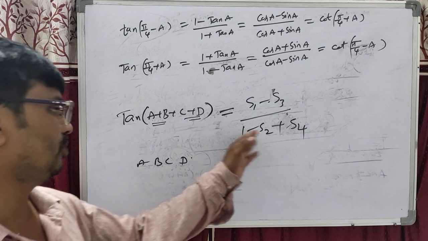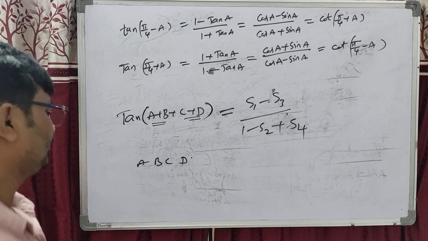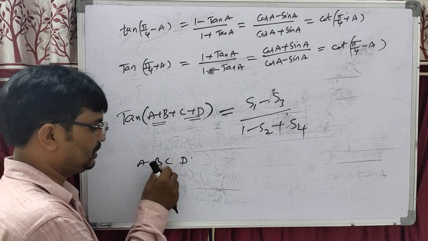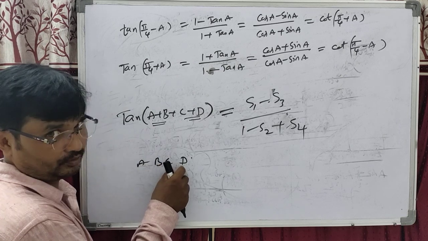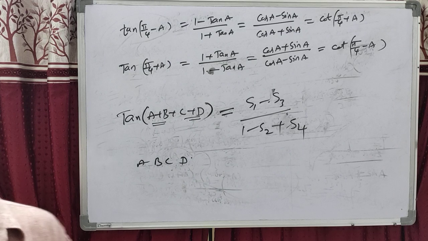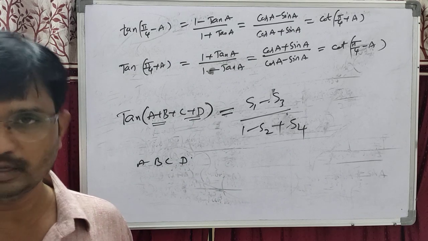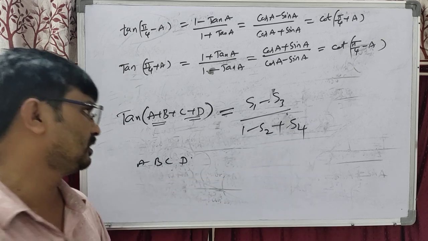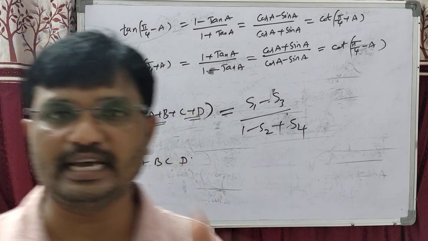Dear students, in 1 minus S2, S2 is the sum of products taken 2 at a time: AB, AC, AD, then BC, BD, then CD. S4 is tan A tan B tan C tan D.